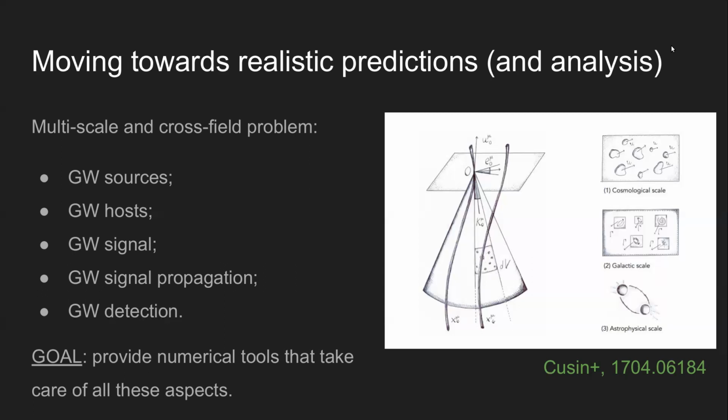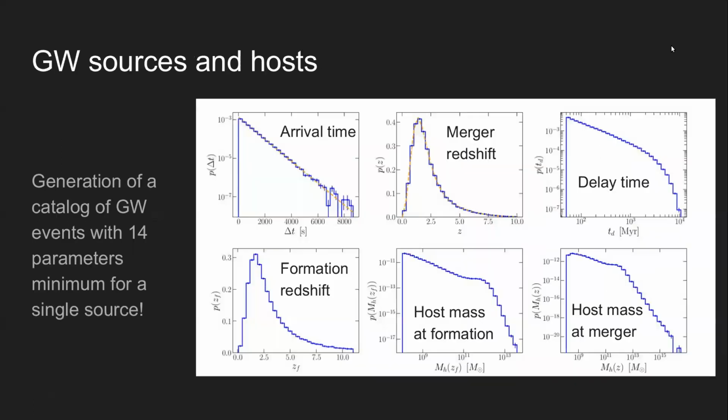And the goal of this project is to give people numerical tools to deal with these different aspects in a robust way. So let me show you an example of what you're going to be able to do once these numerical tools are public.